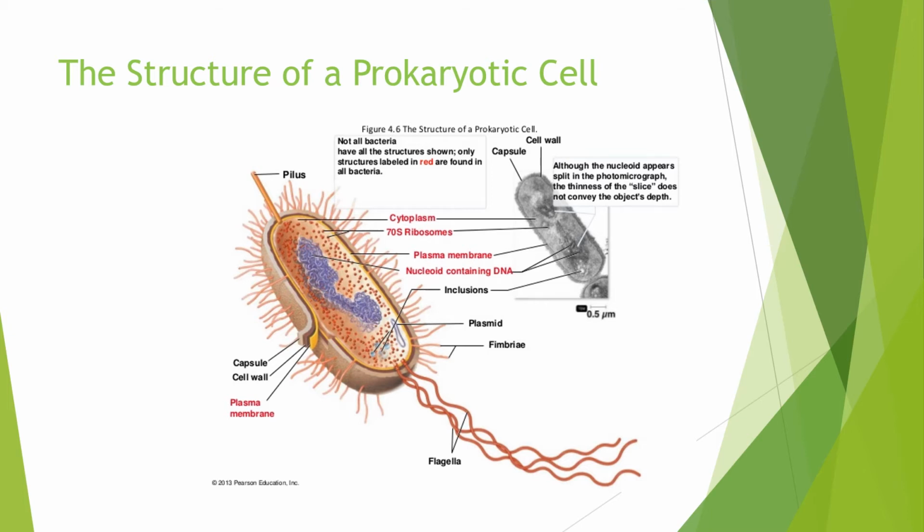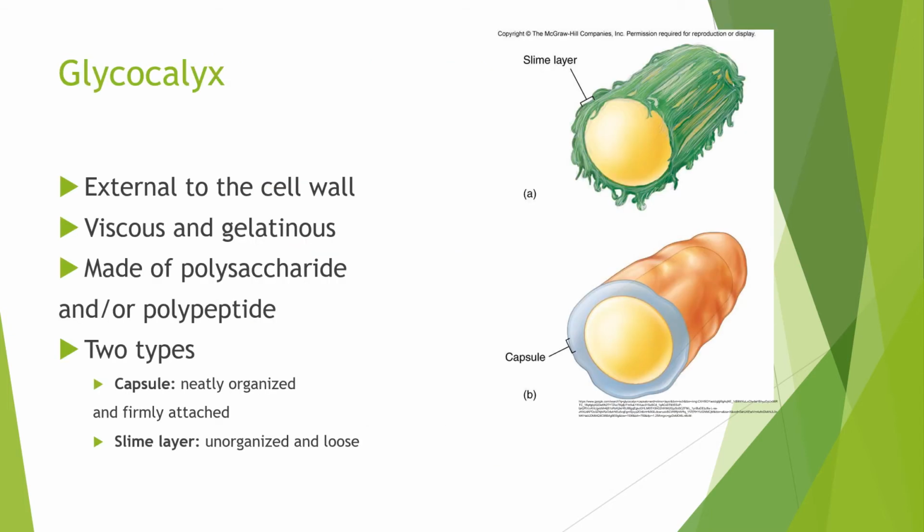Bacteria can produce and secrete something known as a glycocalyx, which is a sugar coat, and it would surround the bacteria. It would be external to the cell wall of the bacteria. The glycocalyx could be composed of polysaccharides, just basically sugars.